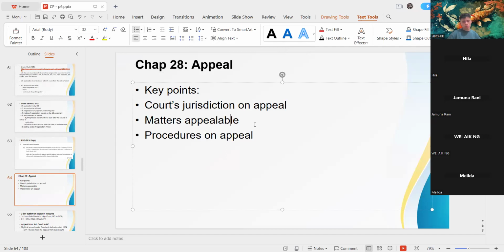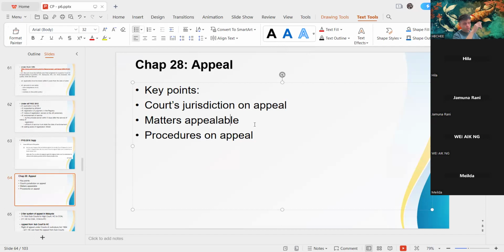Okay, we come to the second last chapter, which is on appeal. Basically, we are given 2 tiers, as we have all studied in criminal procedure. There is a 2-tier legal system of appeal in Malaysia.